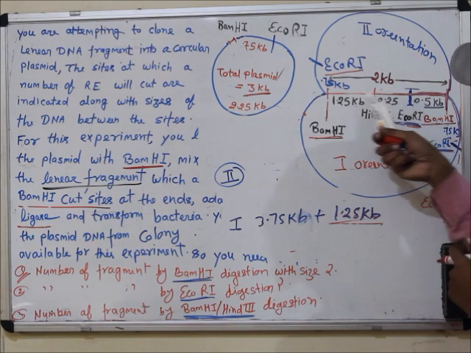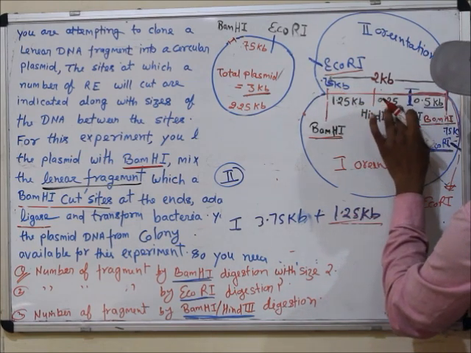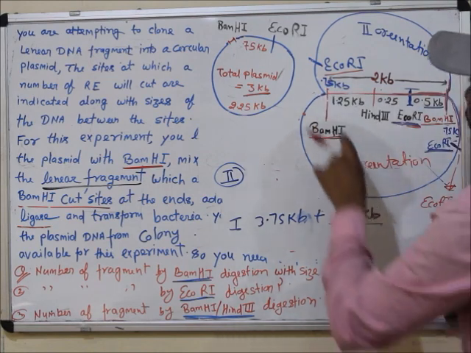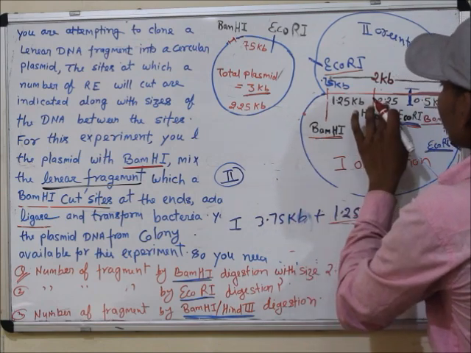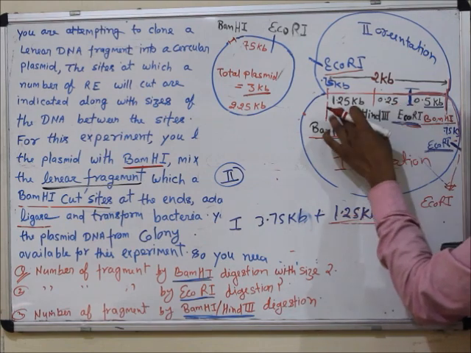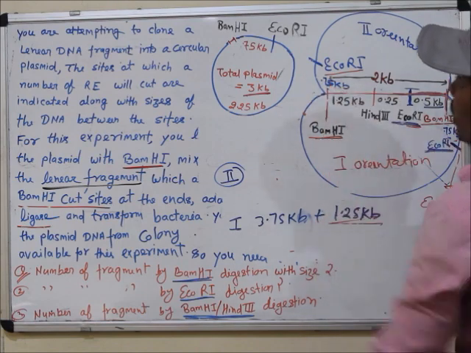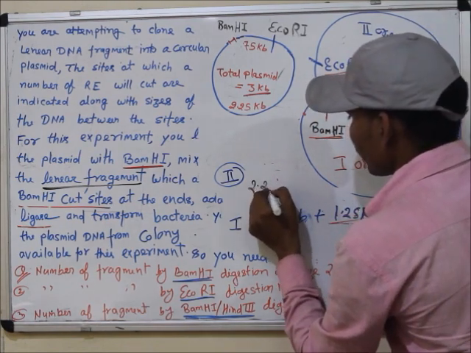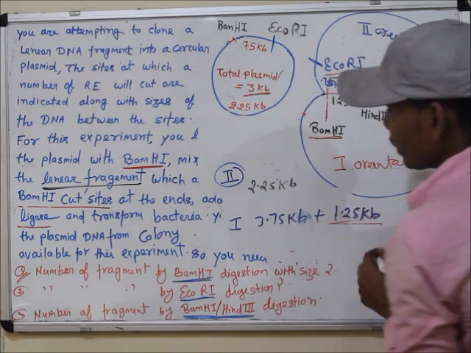Then the lengths are 0.25, 1.25 and 0.75 kb. 1.25 plus 0.25 equals 1.50, then plus 0.75 equals 2.25 kb in the second orientation.